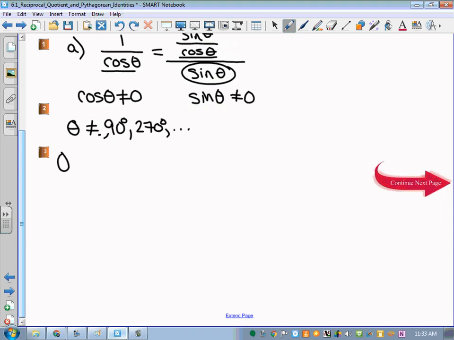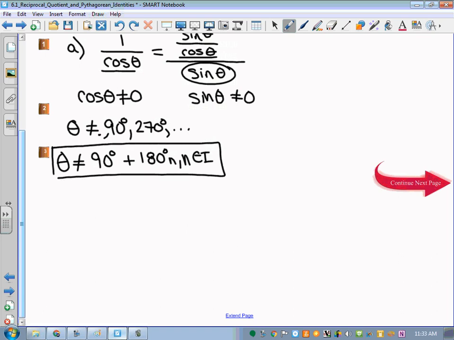The way that we describe all of them is with the general solution that theta cannot be equal to 90 degrees plus 180 degrees n, where n is any integer. That describes every single non-permissible value for that cos theta. Sine theta gets done very similarly. If sine theta can't be equal to 0, that's when the y value is 0, which is 0 degrees, 180 degrees, and I'm going to put 360 on there.